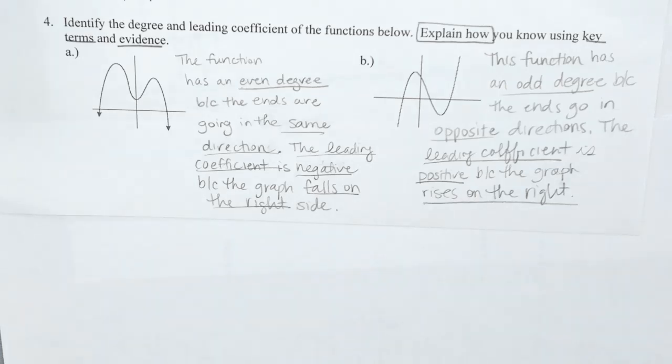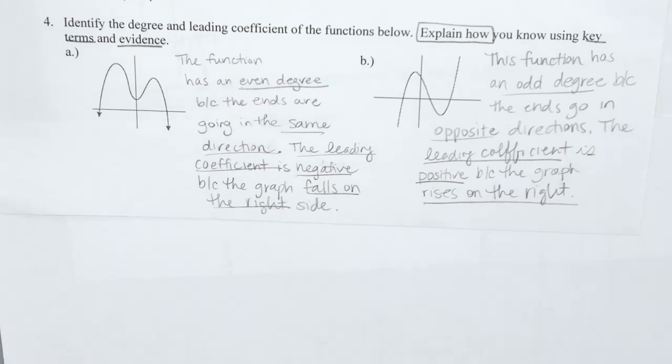For B, I said the degree is odd because both sides go in both directions. I really do want you to associate the degree with where it's going, not the range.